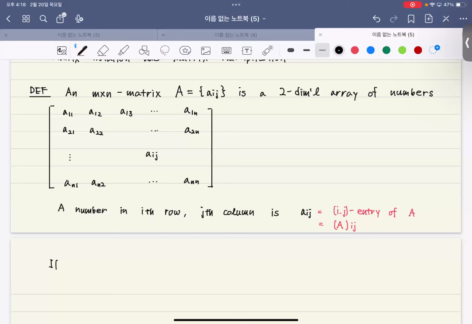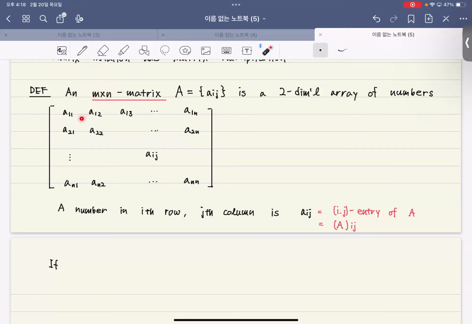By the way, I will also need to mention this number, m by n. This m by n is sometimes called the dimension of the matrix.